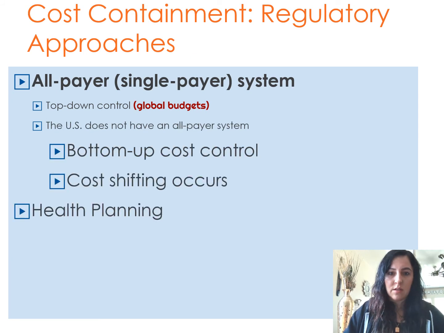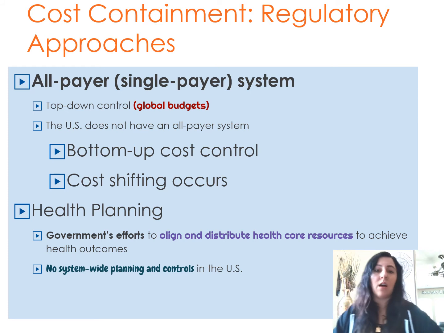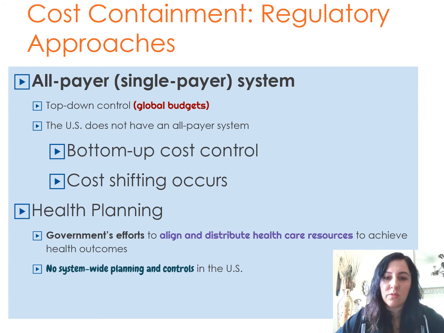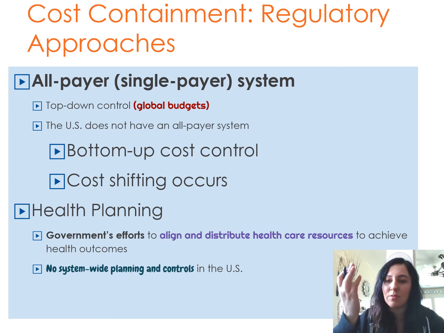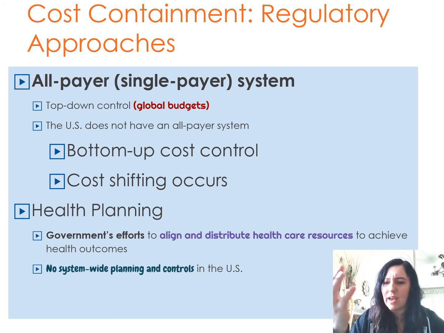And we can also implement health planning. We can use government efforts to align and distribute healthcare resources to achieve health outcomes. So we can have certain objectives and goals for our country, for each year or decade, which we actually do every decade.